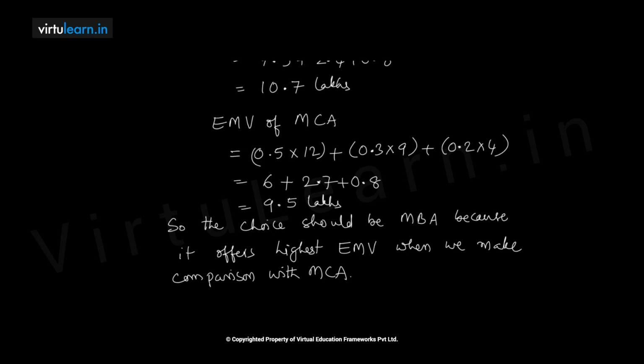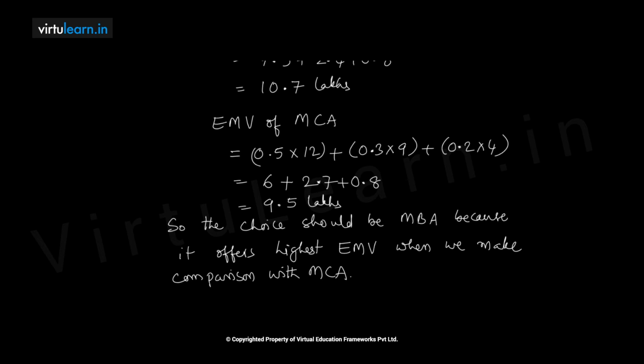So while we are making these choices, when multiple alternatives are available, EMV plays an important role, because in any business decision, the choice should be based upon the benefit that can be had by choosing a particular choice, or maybe in case of cost, we may have to choose which one will result in the lowest cost.